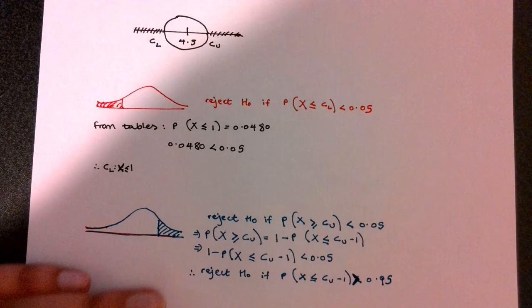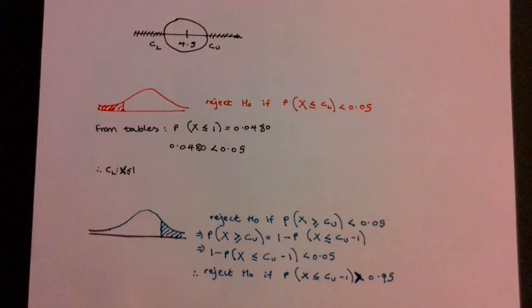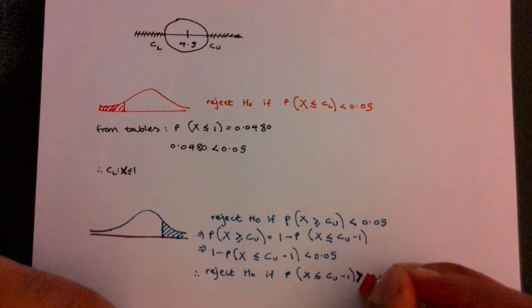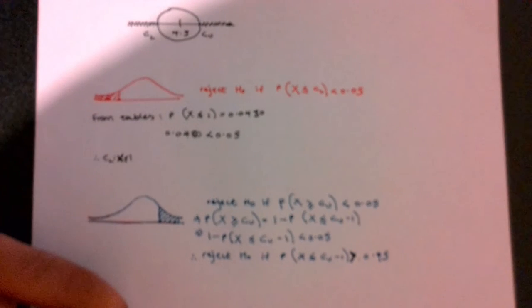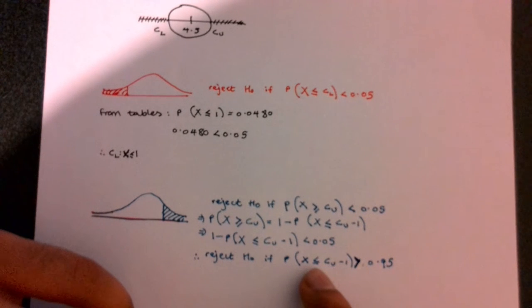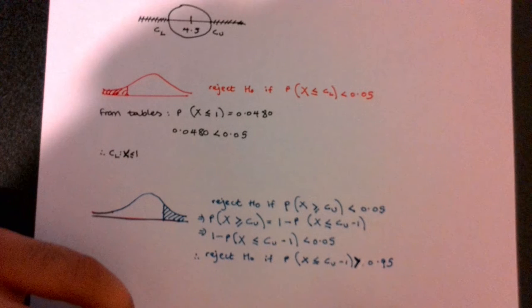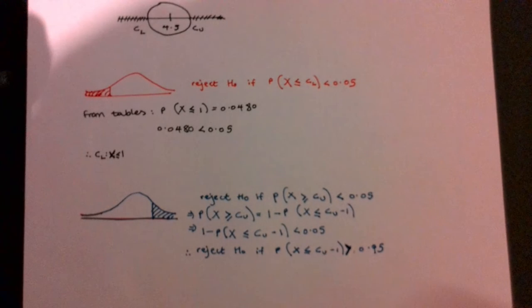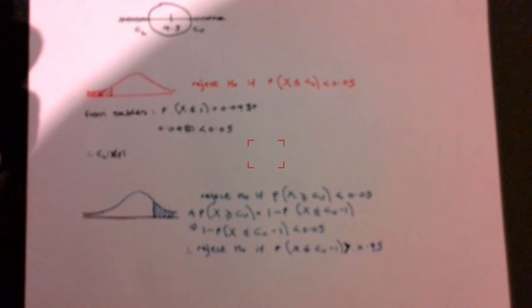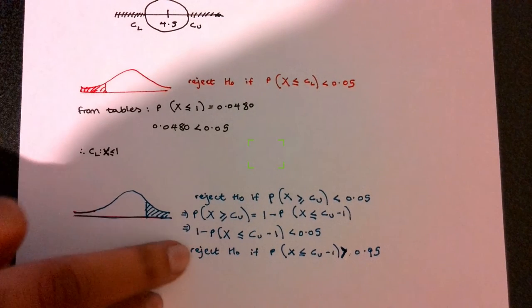Okay, so let's just type this out for clarity. We're looking at when the probability that x is less than or equal to Cu minus 1 is greater than 0.95. Okay, so let's just put the camera back into focus. So that's our next condition over here.